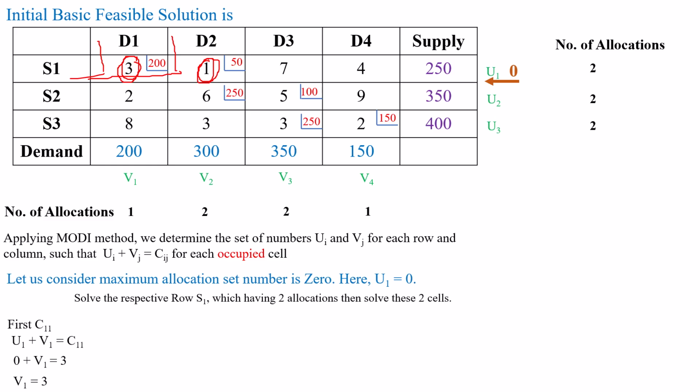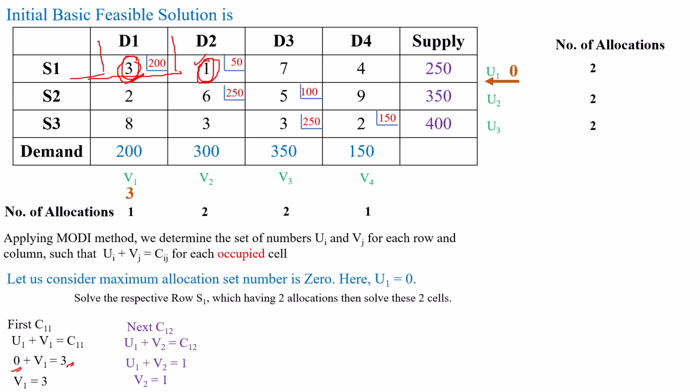We know the C11 value is 3 and u1 is 0, so 0 plus v1 equal to 3, so v1 is 3. Next we solve C12, first row and second column. The C12 value is, sorry, 1.